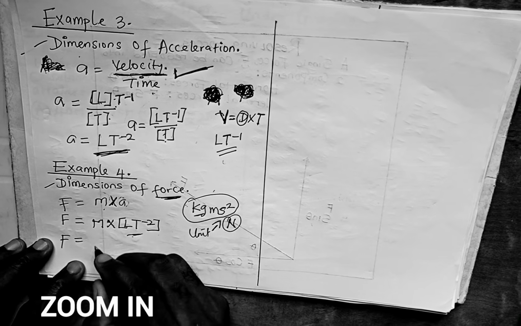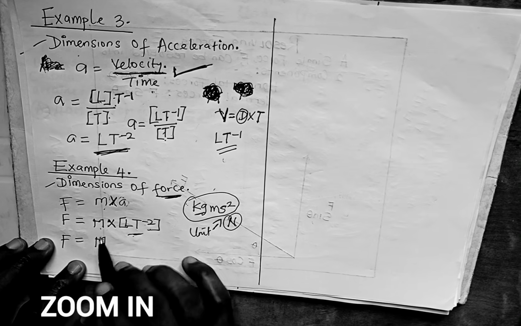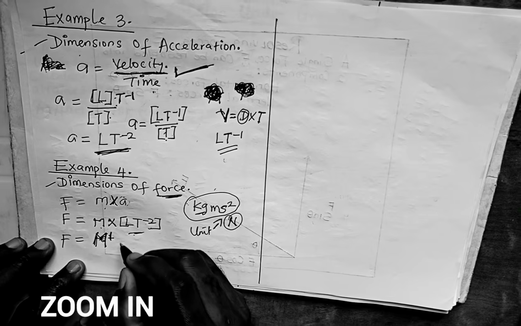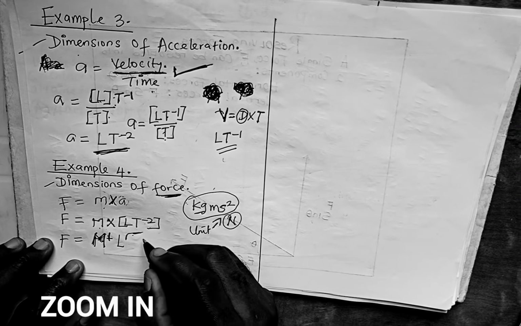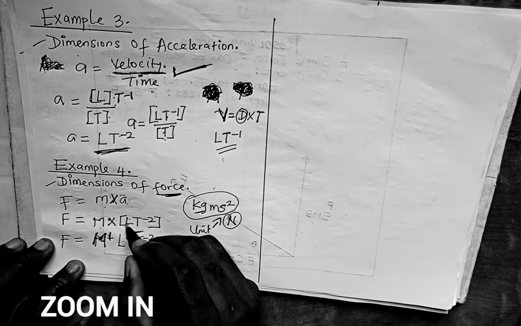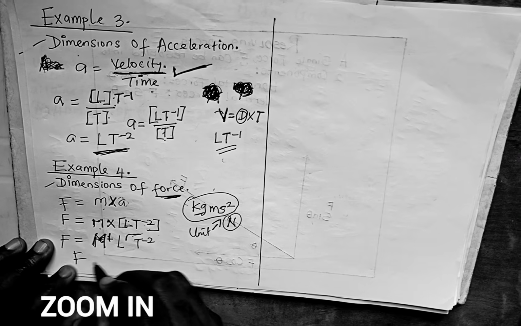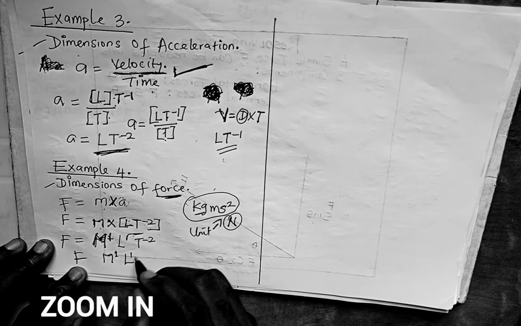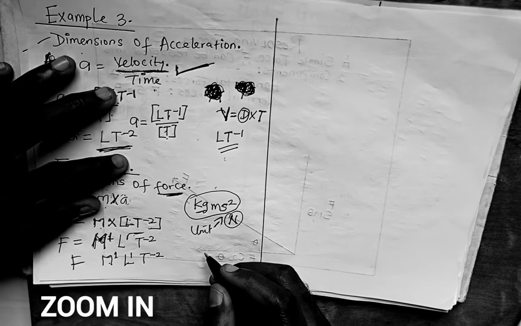Therefore F is equal to m, since it's only one m here and it doesn't join with the others, we are left with m raised to power 1, L raised to power 1, t raised to power minus 2. So the dimension of force is 1m, 1L, t raised to power minus 2.